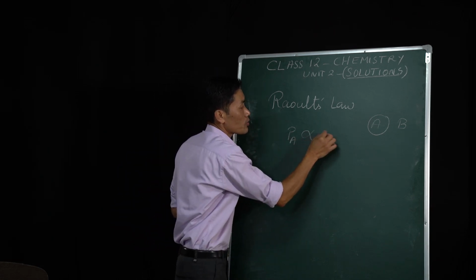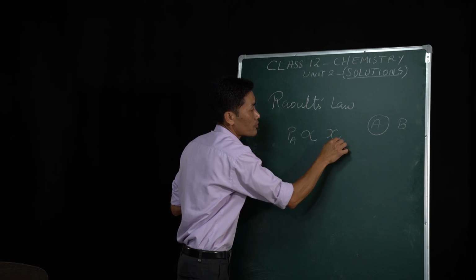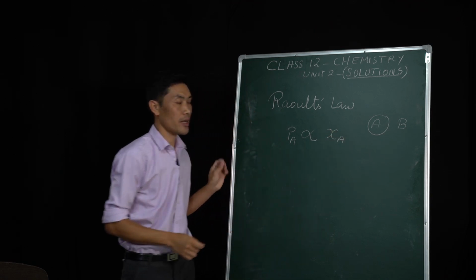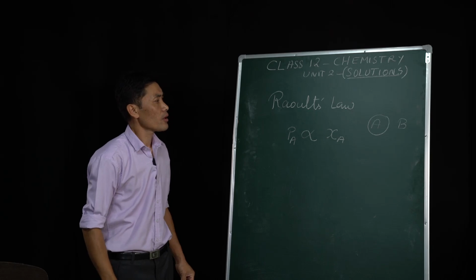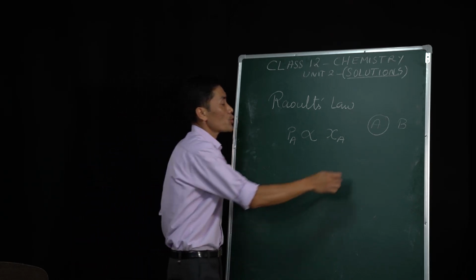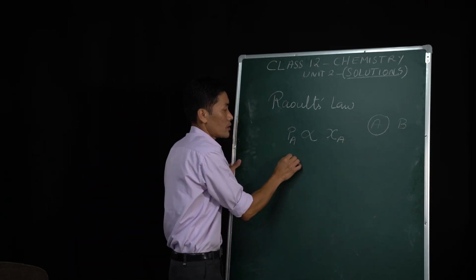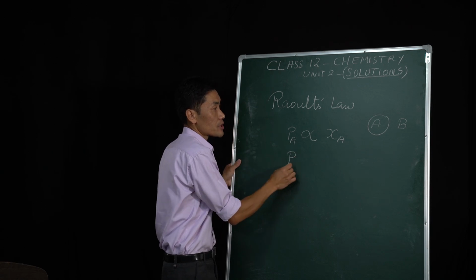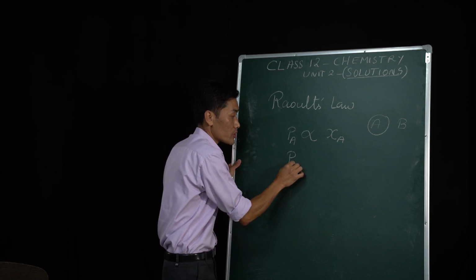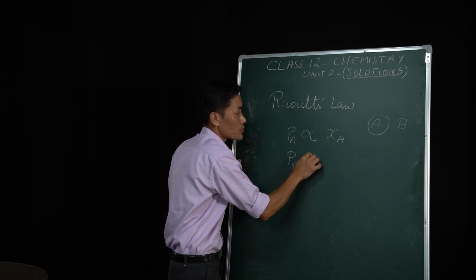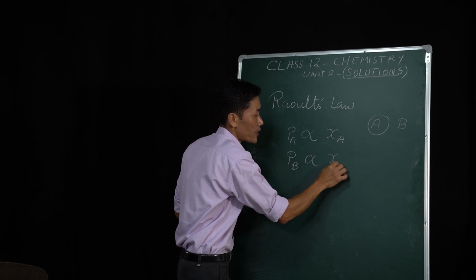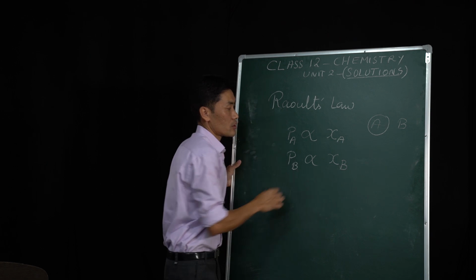So PA will be proportional to the mole fraction of the component A. Likewise, for the component B, the partial pressure of this component B will be proportional to its mole fraction, that is XB.